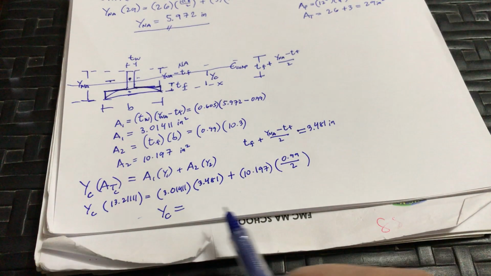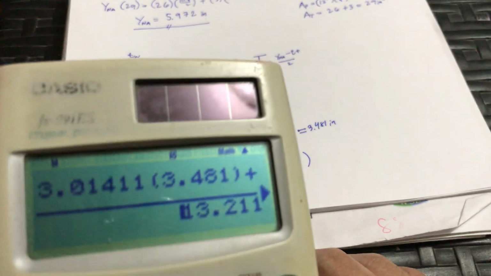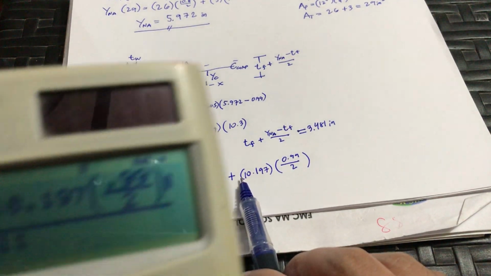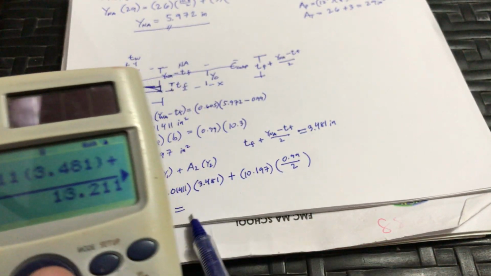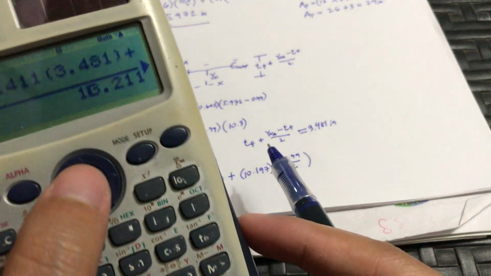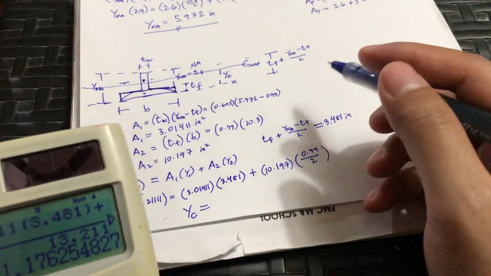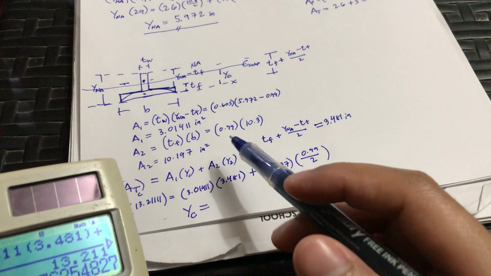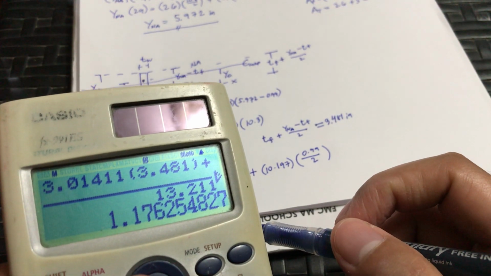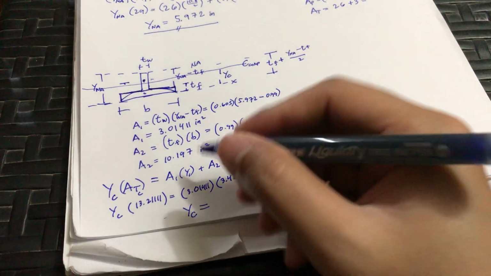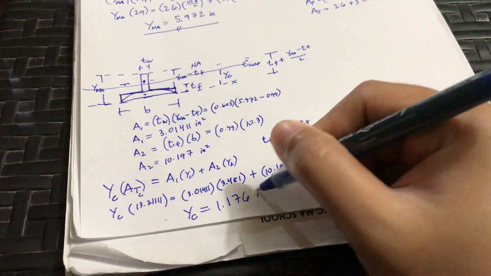Cross multiplying, we have the center YC is 1.176 inches.